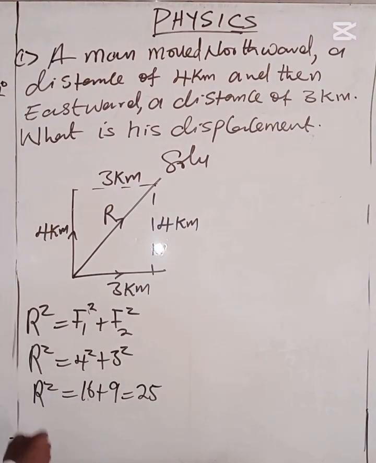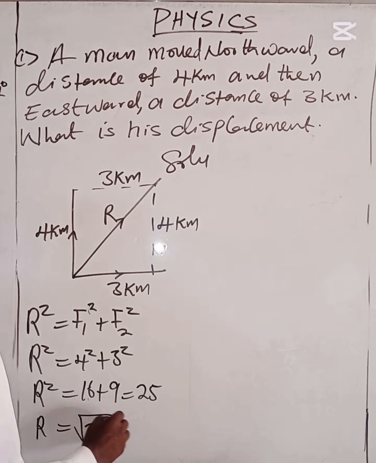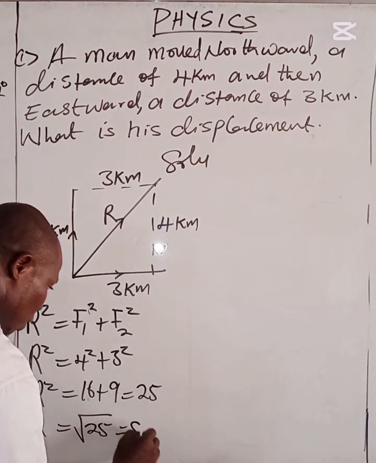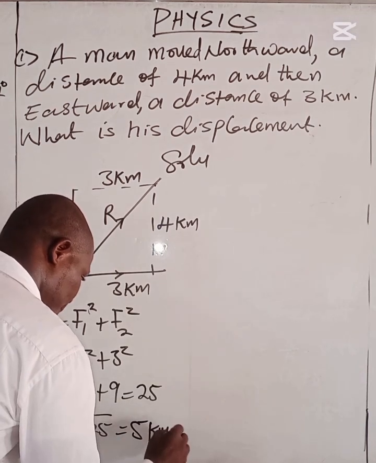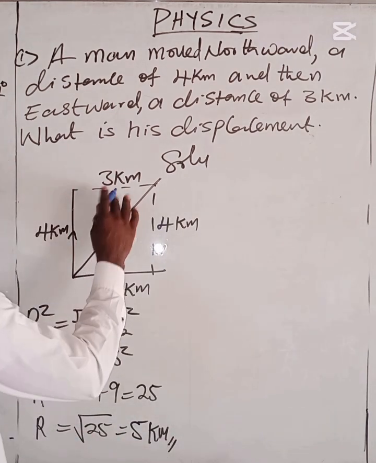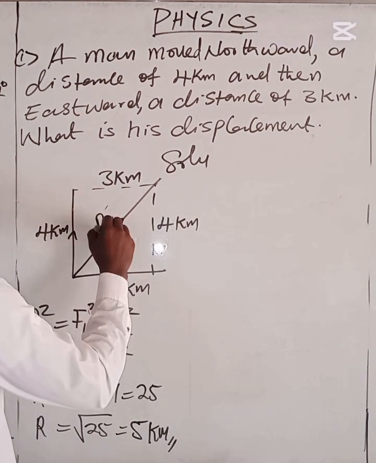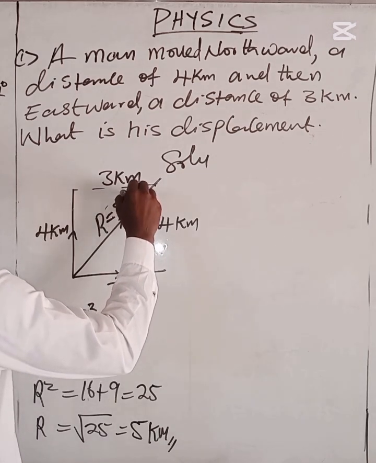So take the square root of both sides so that we're going to have R equals square root of 25. Square root of 25 is going to give us 5. And the unit is what? Kilometer. So this is our resultant. So this resultant here, R equals 5 kilometers.